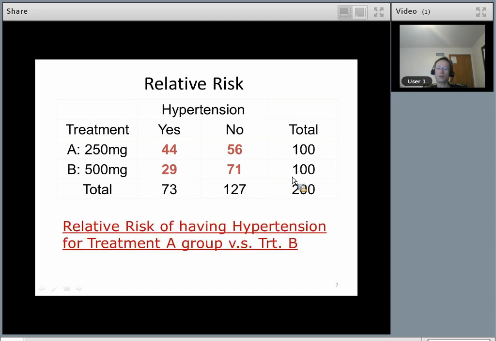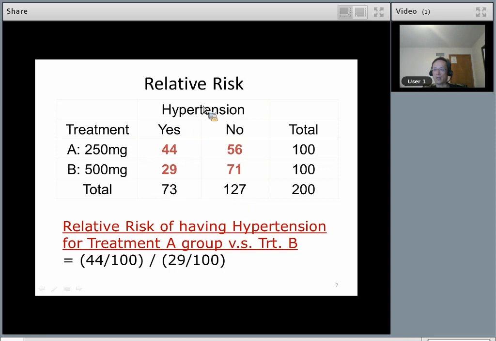Okay. So the relative risk of having hypertension for treatment A group versus treatment B will be what? The ratio of these two conditional probabilities, 44 out of 100 versus 29 out of 100. So this 44 out of 100 is the conditional probability of having hypertension given using treatment A, and the other is another conditional probability.